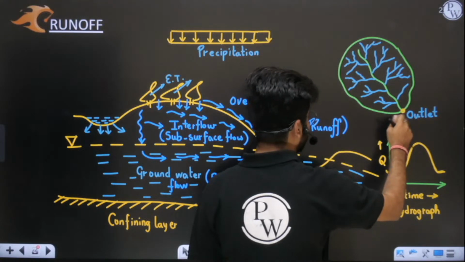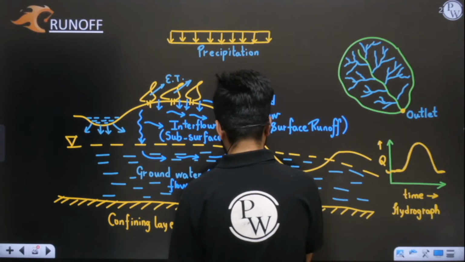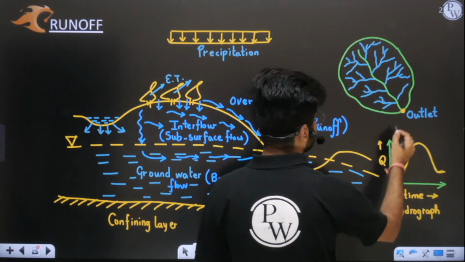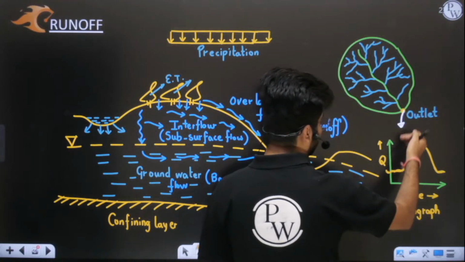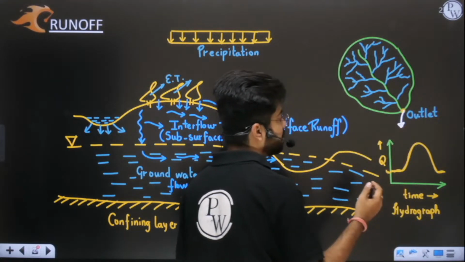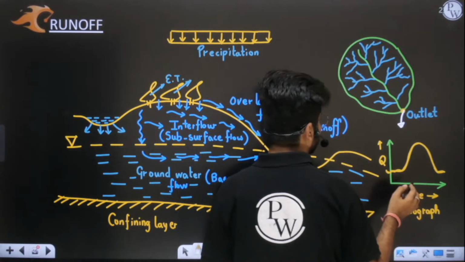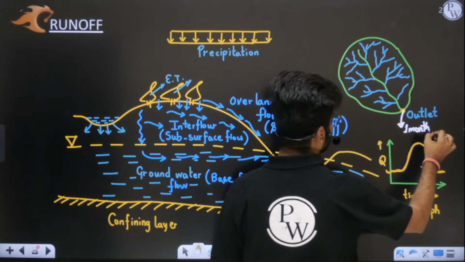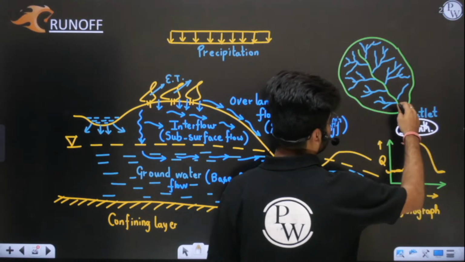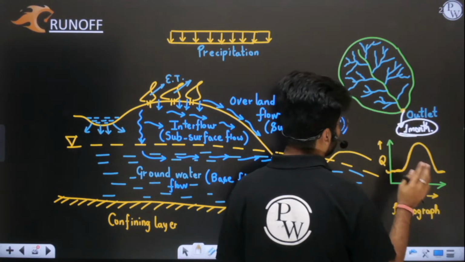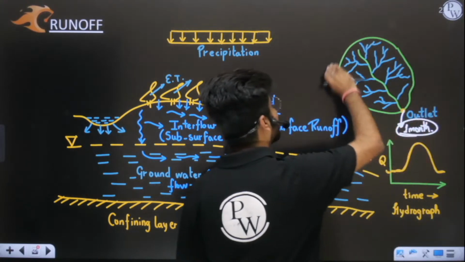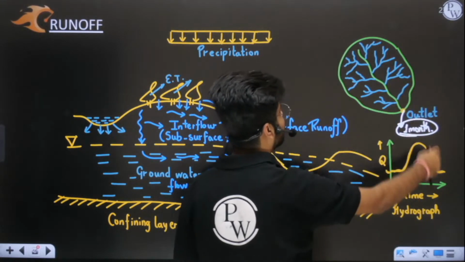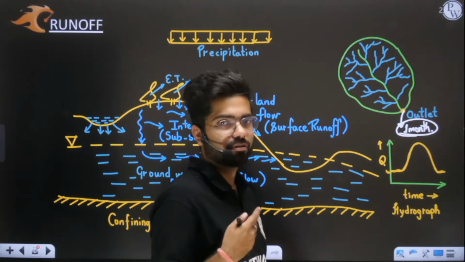So simply compute the total discharge coming out from the outlet for the entire 1 month and find the total volume, and that total volume will be the basin yield for 1 month, let us say April or May.